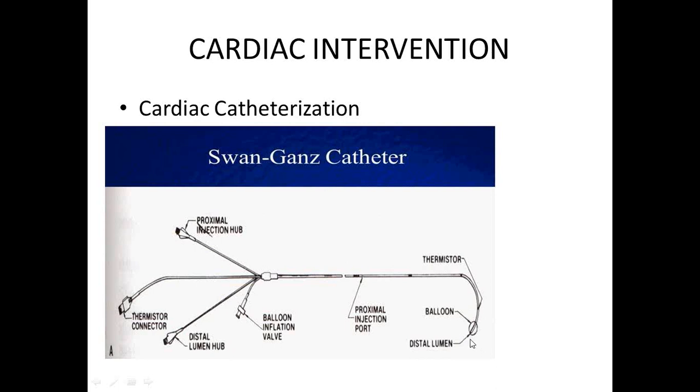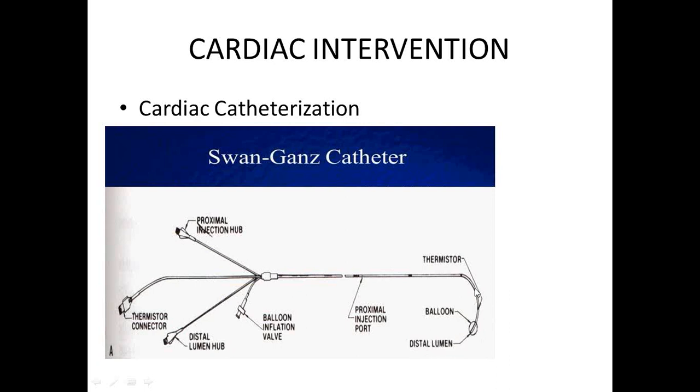There's a balloon to anchor the catheter in the pulmonary capillaries, and then there's a distal lumen where you can remove blood, or you can inject material. The distal lumen is open.